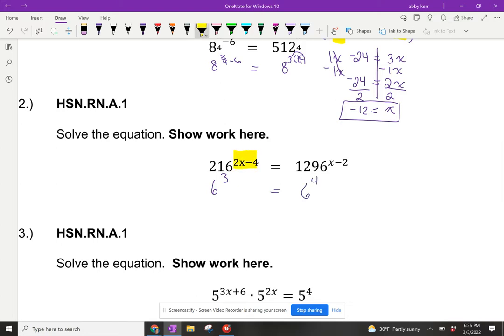Now these are my exponents, so I have to make sure that I wrap them up in parentheses. So we have 6 to the 3 times (x minus 4), and then 6 to the 4 times (x minus 2). We finally have the same base, so we can just bring down the exponents so we can solve.